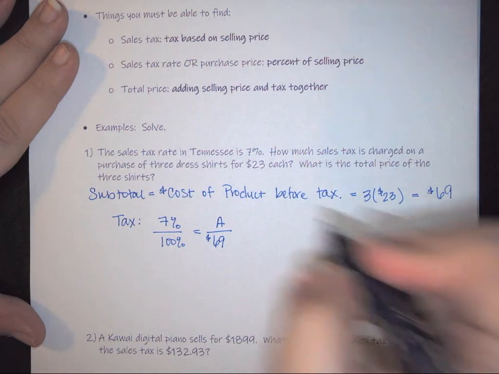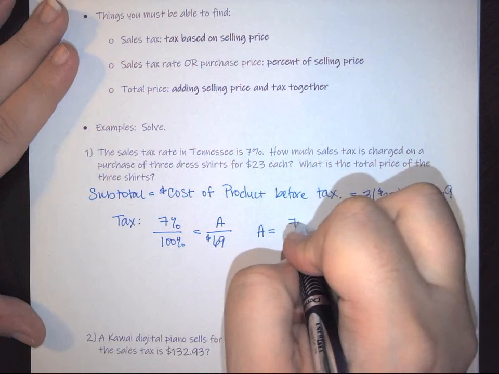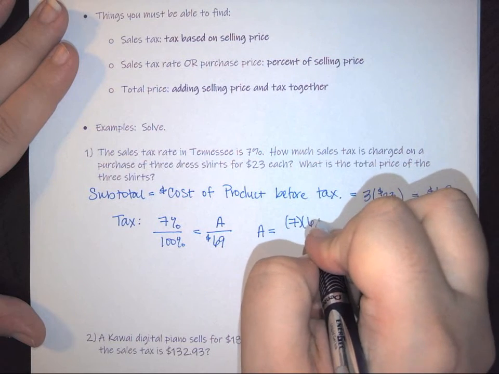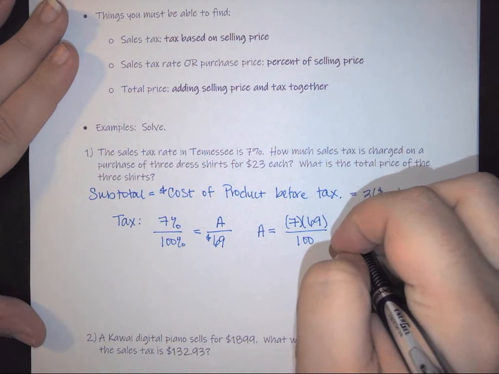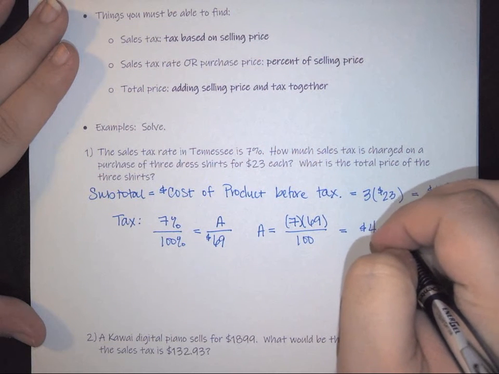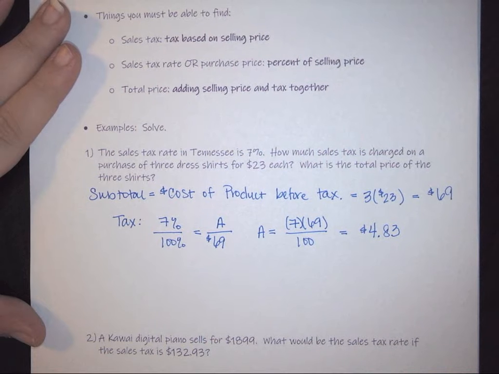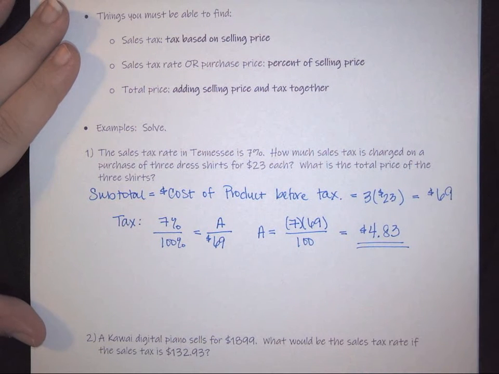So again, I need to solve. So in this case, my A is going to be 7 times the 69 divided by 100. And this is going to give you $4.83. So this right here, this is your tax. So that is the first part of the problem.